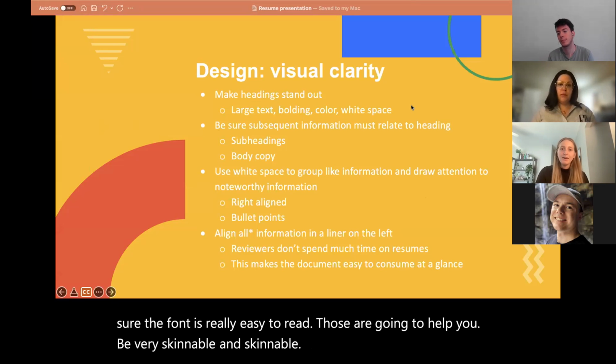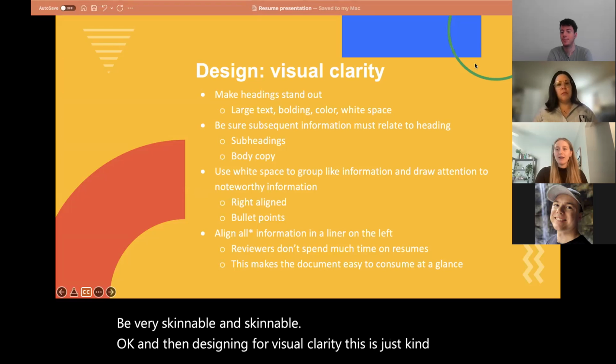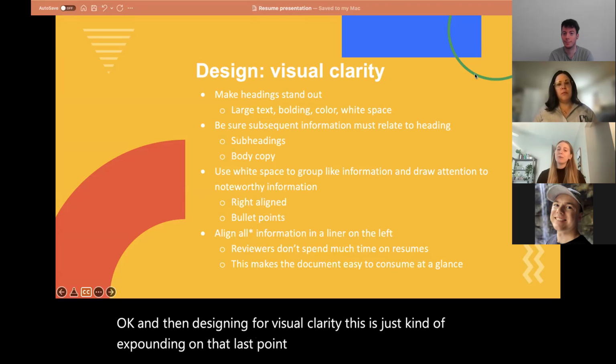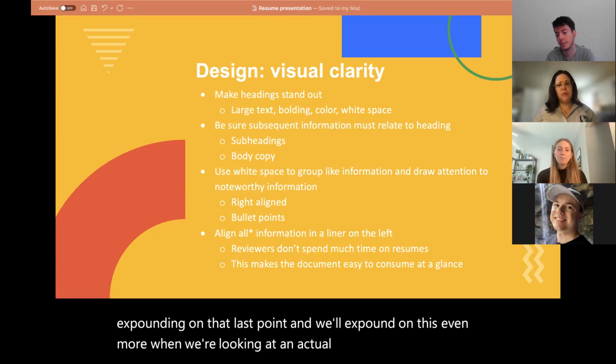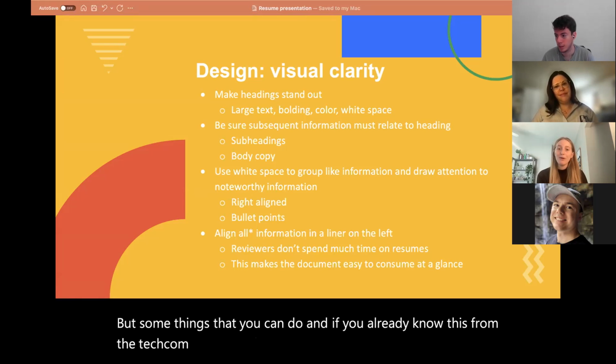Okay, and then designing for visual clarity. This is just expounding on that last point, and we'll expound on this even more when we're looking at an actual resume. But some things that you can do, and if you already know this from the tech comm classes, great. These are just some that especially apply to resumes.